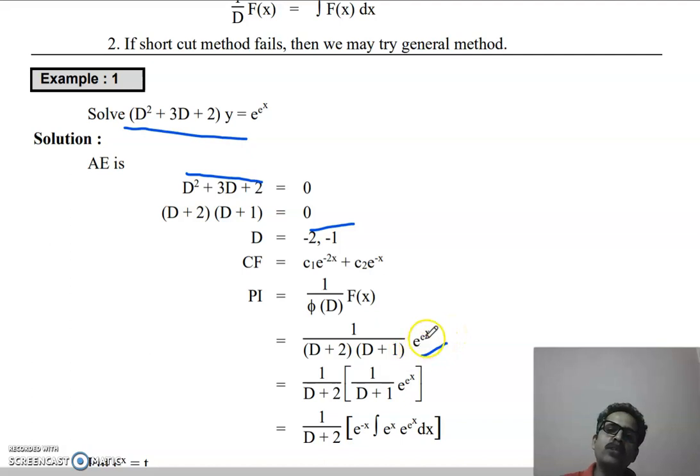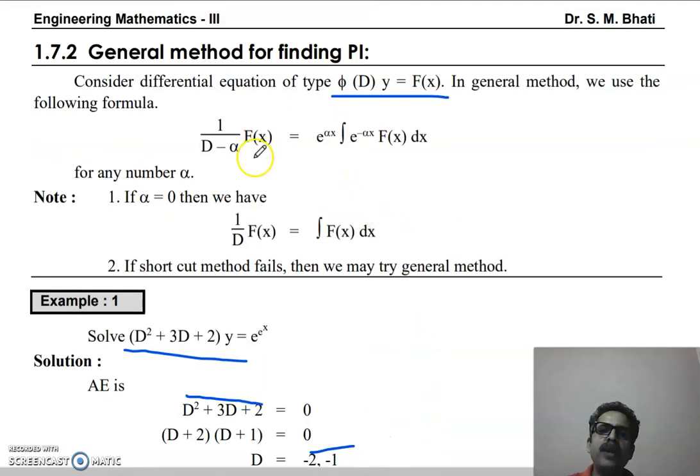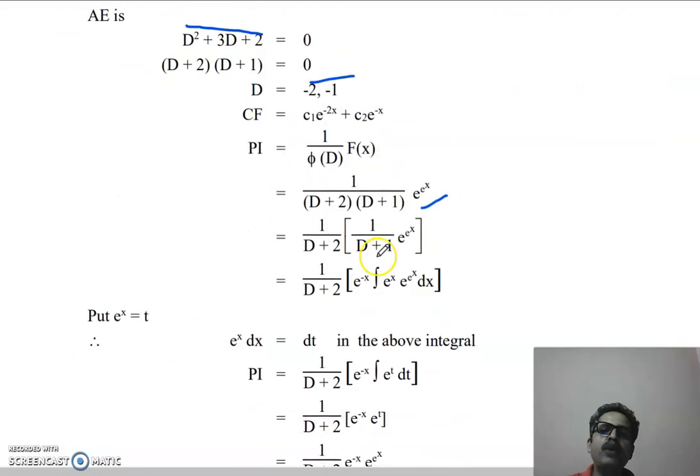Now e raised to x does not have the type e raised to ax, so you cannot apply the shortcut method here. So we have to try the general method. That is, we are planning to apply this formula. To apply this formula, we need an operator of the type 1 over D minus alpha. But here we don't have such an operator.